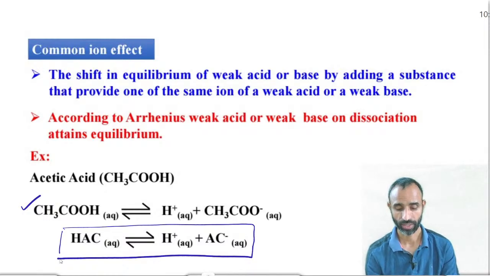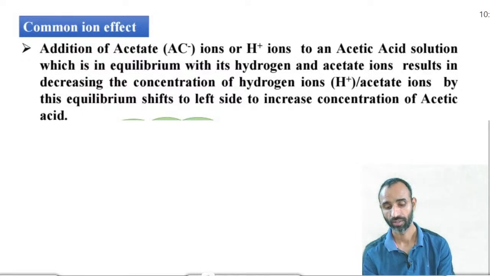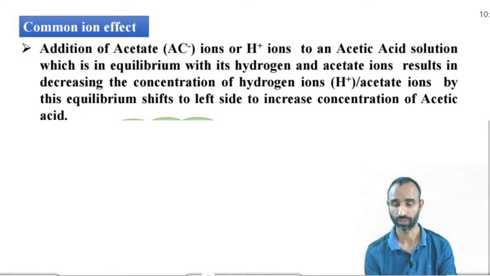Now in this, if we add a compound which has acetate ion or H+ ion, out of acetate and H+, they are common to the already existing acid, so that will shift the equilibrium backward because one of the products is increased.